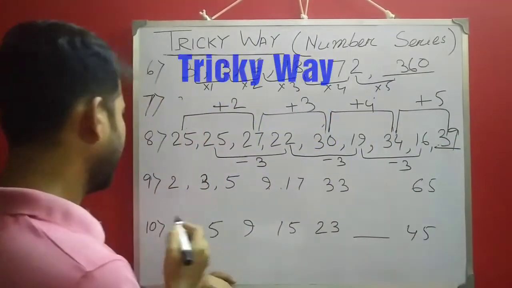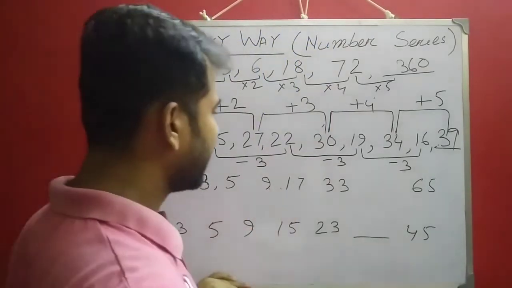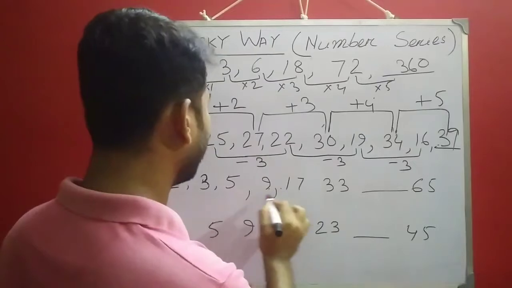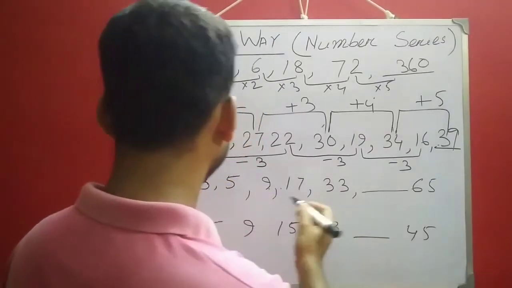Moving to our next, 2, 3, 5, 9, means clearly it is an increment operation, but the value is incremented with a large number.